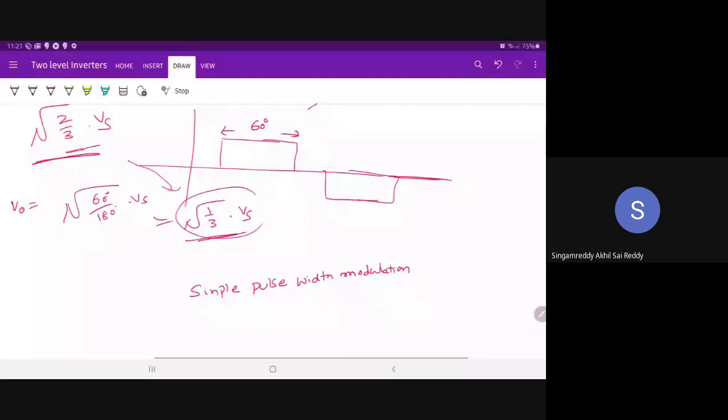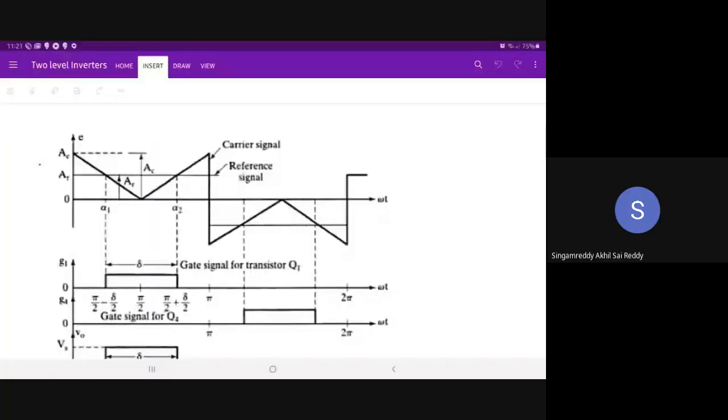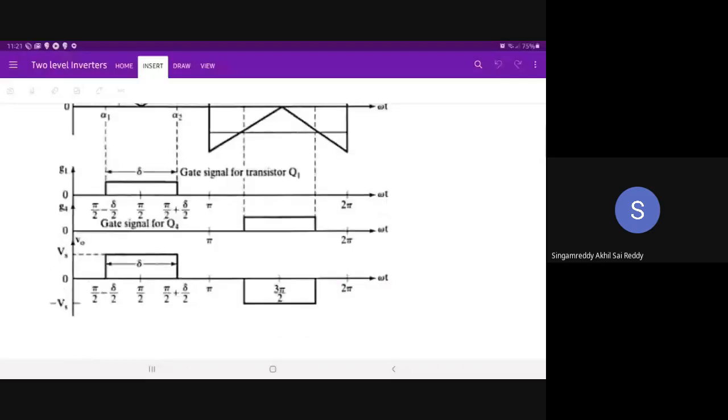This is how to implement single pulse width modulation. This is the output we obtained, something like this. I want this pulse, and its width must be delta.